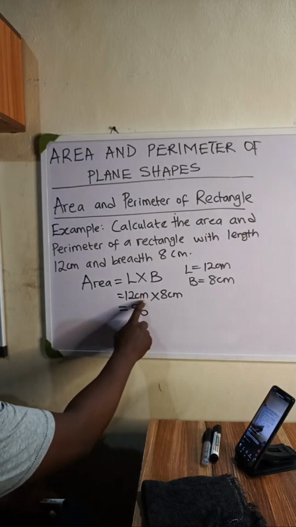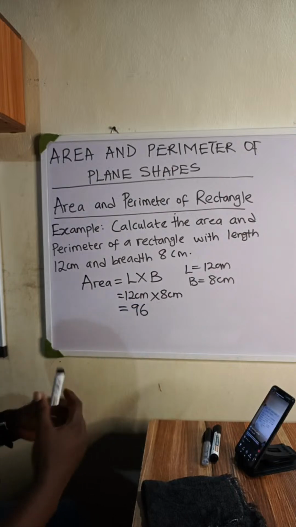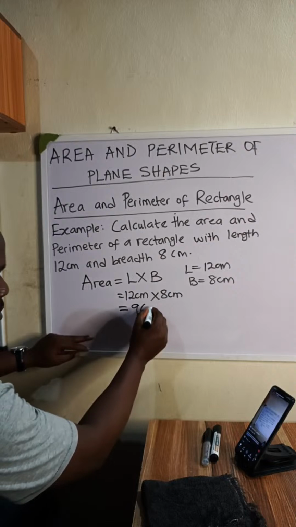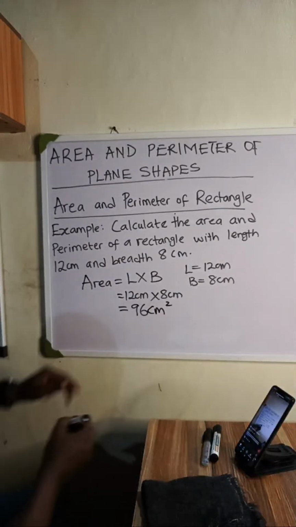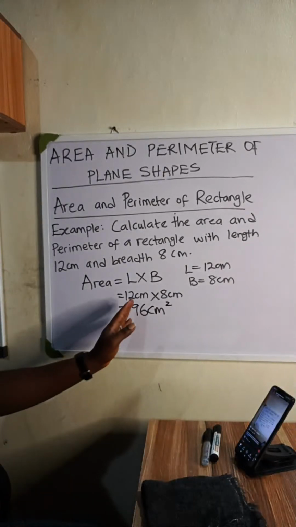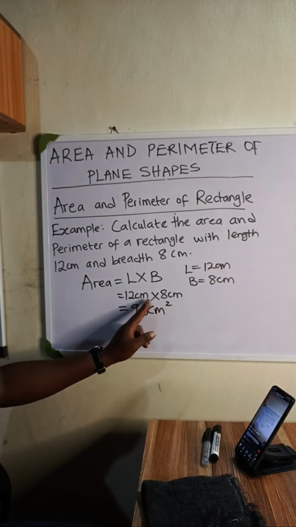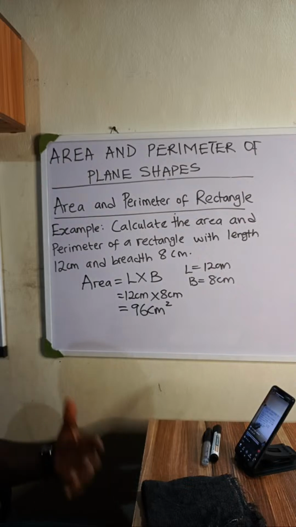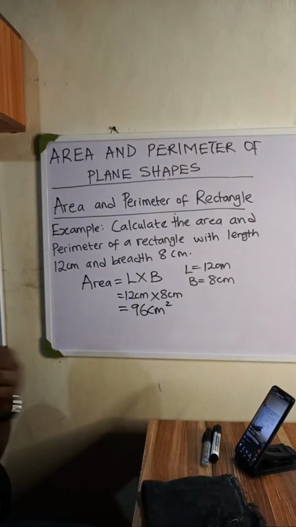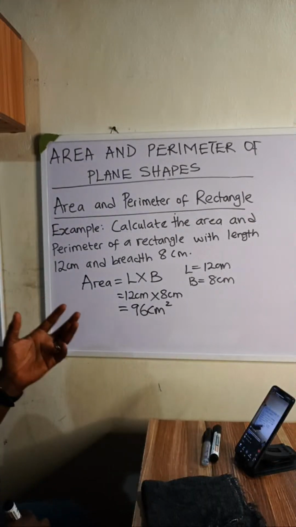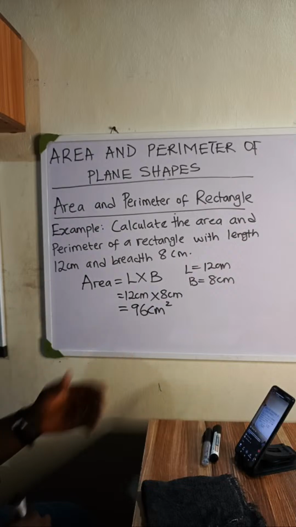Anything that multiplies itself will give you square. That's why the unit of area is centimeter squared, because the unit is multiplying itself, which gives you the square of that unit. So area has a unit of square.